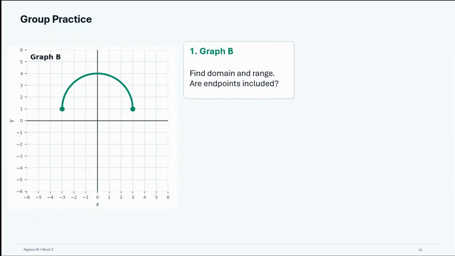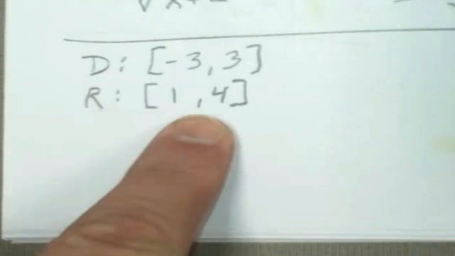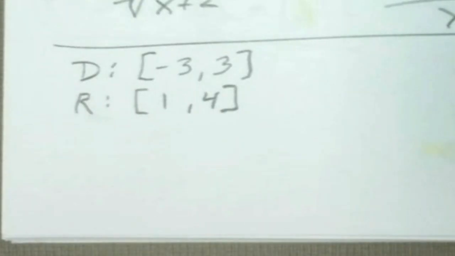Nancy had the -3 to 3. It is included because you have this. Is 4 included? It does touch the point of 4. So we should be using brackets all around on that. Yeah, I put -3 to 3 and 1 to 4, all with brackets. All right, you guys are getting the hang of this. This is good, good, good.